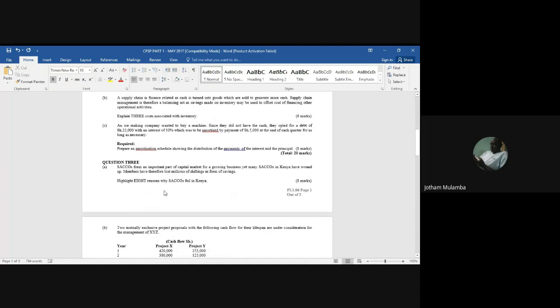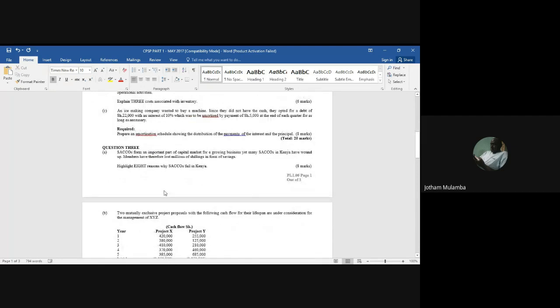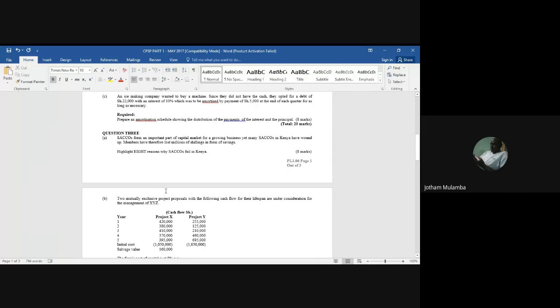So we go to question 3. Nancy, read for us question 3A. SACCOs form an important part of capital market for a growing business. Yet many SACCOs in Kenya have wound up.